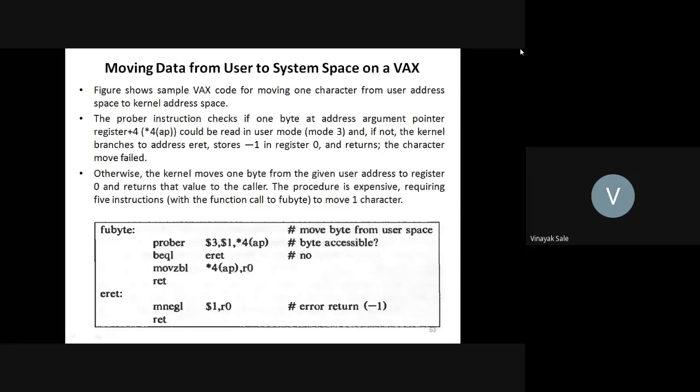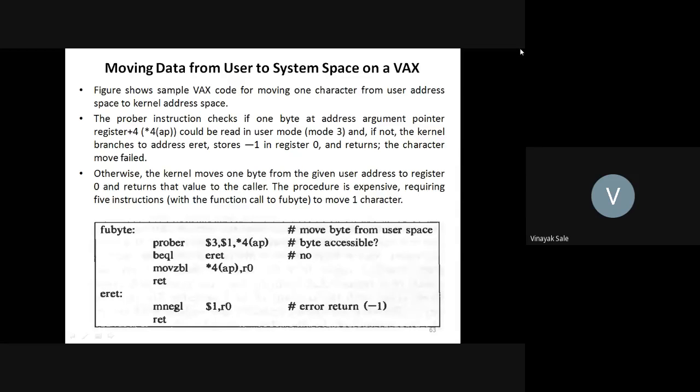Then moving data from user to system space on a VAX. See in this table, the VAX code for moving one character from user address space to kernel address space.